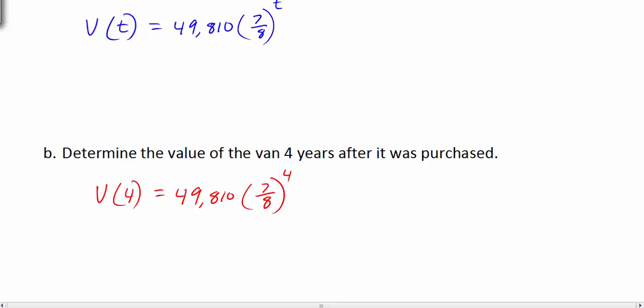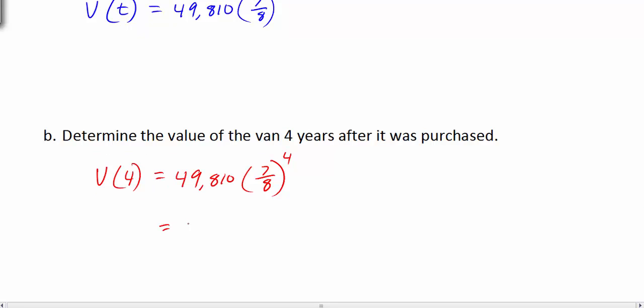To save a little bit of time, if you enter this into the calculator, you should end up with approximately $29,197.71. So after 4 years, you can tell that the value of this van has really depreciated over time.